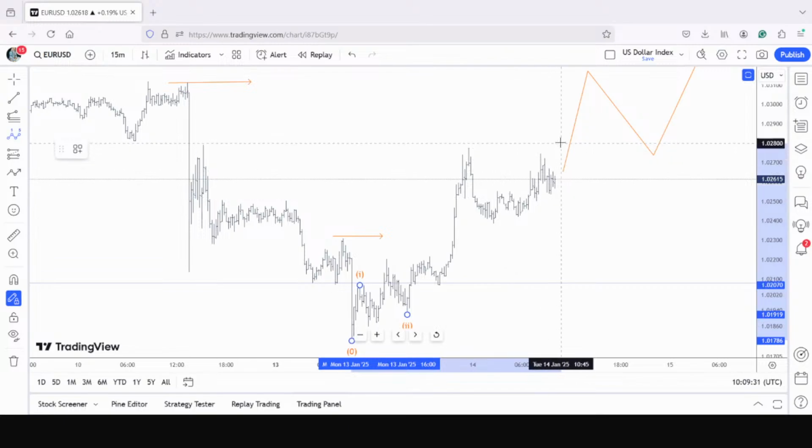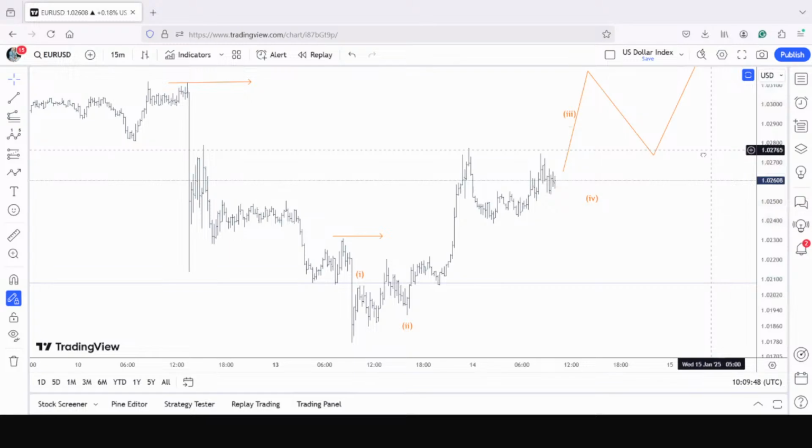So still want to put wave three up there, and then wave four would again come lower a bit, and wave five.